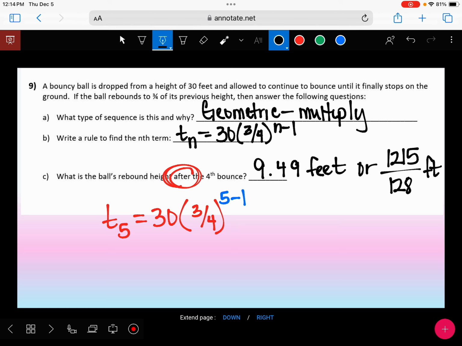Okay, last question. I'm going to give you a minute to try to do number 11. We're skipping 10.